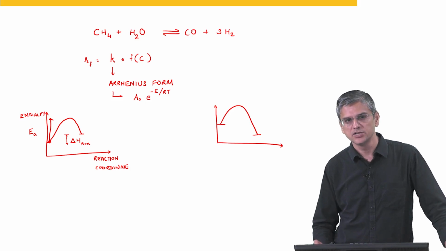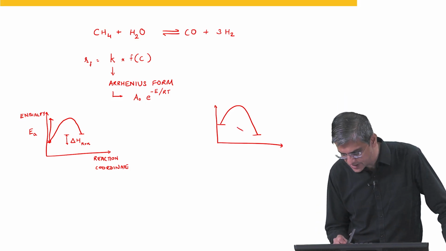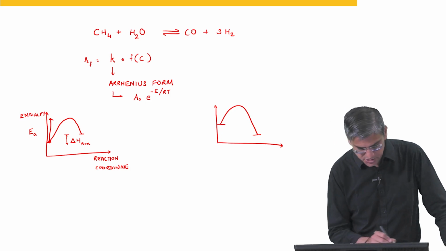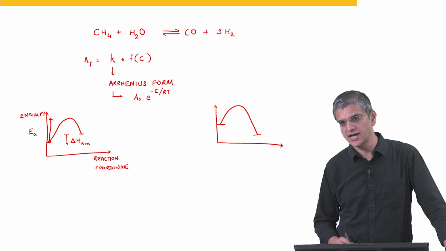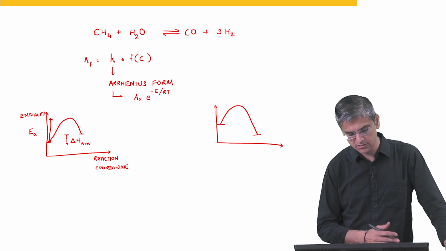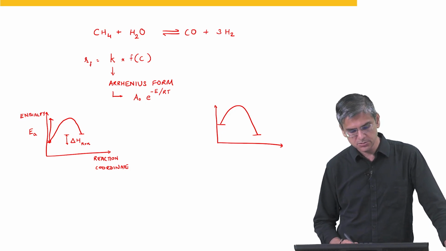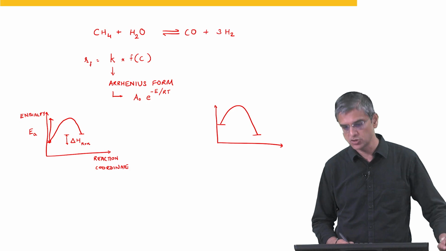The overall reaction direction can be downhill with respect to energy, or it could be uphill. If we are plotting in enthalpy, then we are going to get a curve like this, where everything is delta H or activation energy.